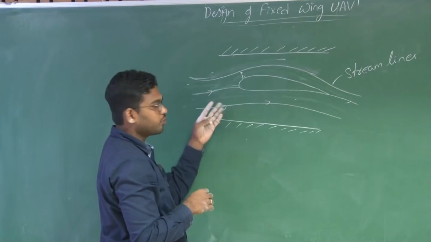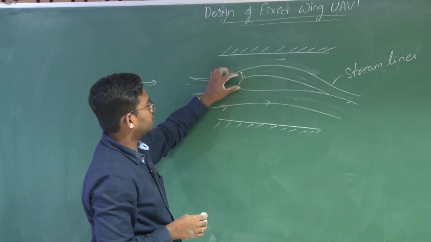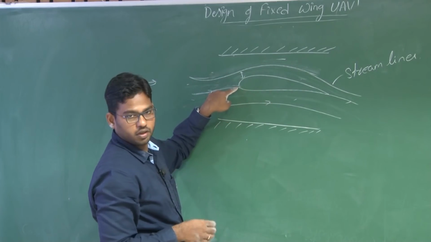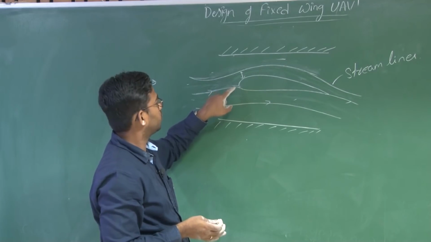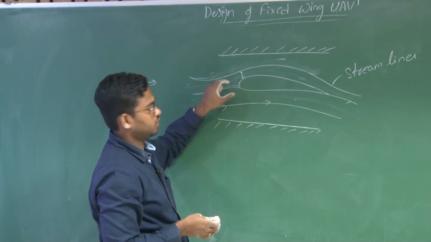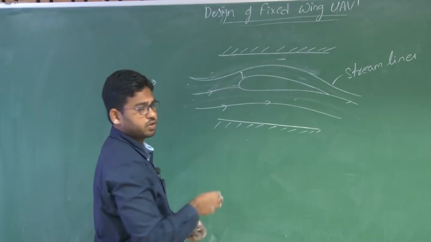If it is a positively cambered aerofoil, this curvature is more above the chord line. The flow is assumed to touch the aerofoil at the leading edge. Now there is an upper stream tube and a lower stream tube.